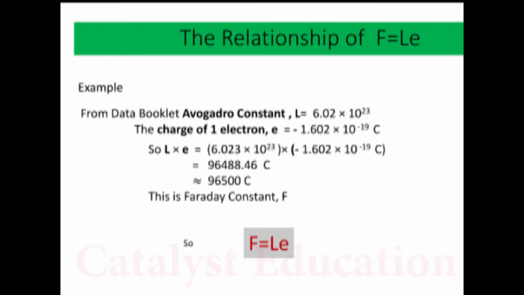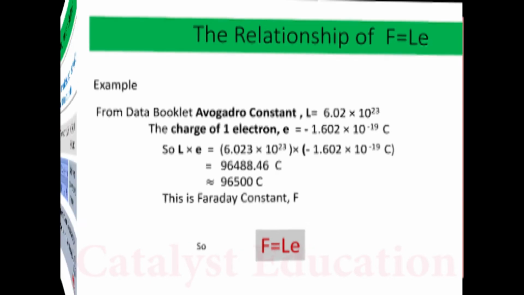The charge of 1 electron, e, equals minus 1.602 times 10 to the power minus 19 C. So L times e equals 6.023 times 10 to the power 23 times minus 1.602 times 10 to the power minus 19 coulomb, which equals 96,488.46 coulomb. This is near to 96,500 coulomb. This is the Faraday constant, F.